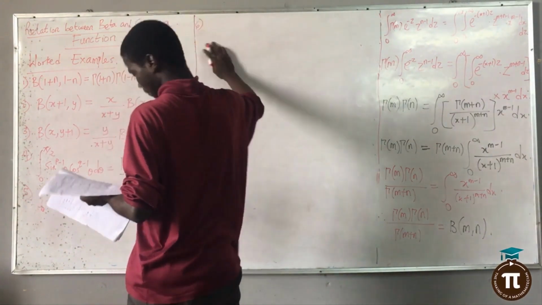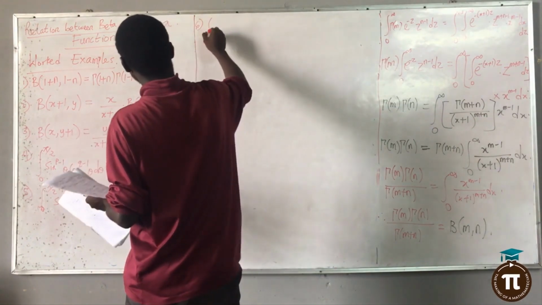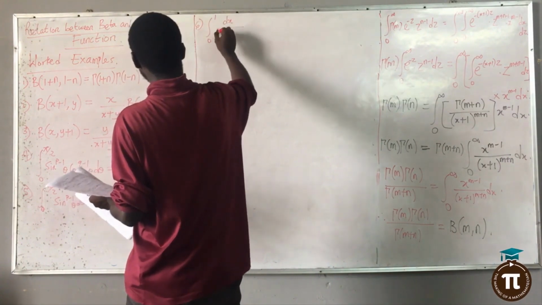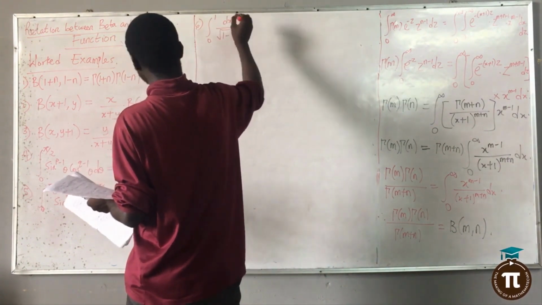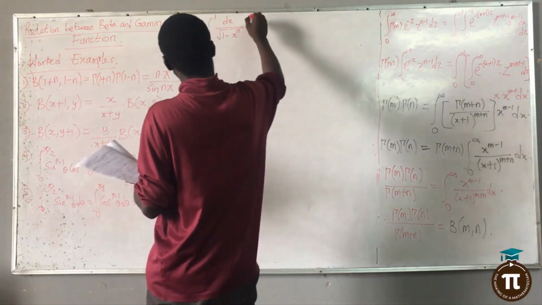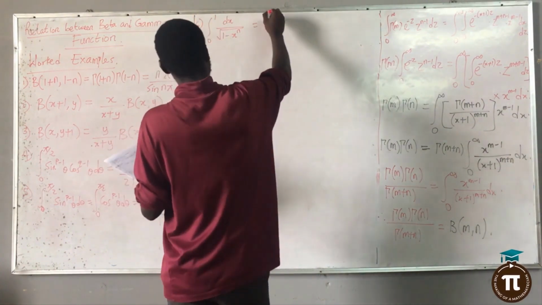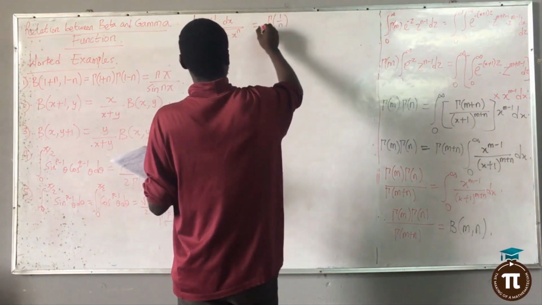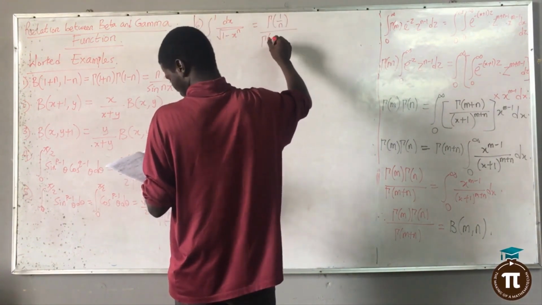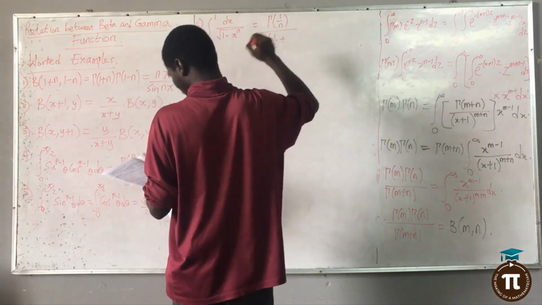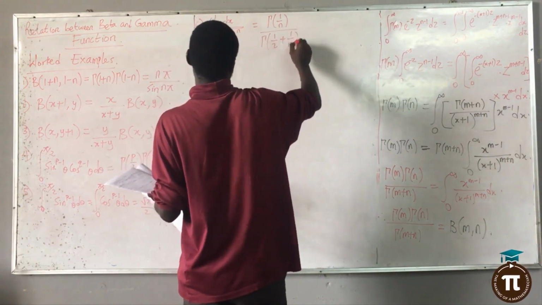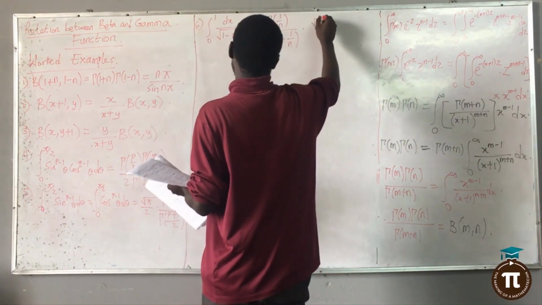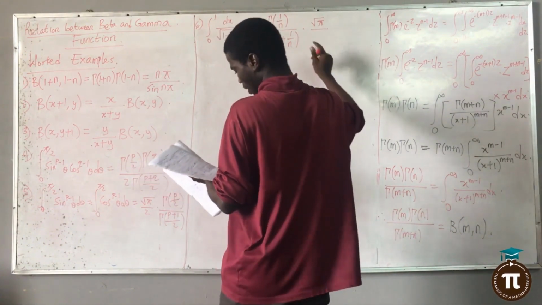Number 6, the integral from 0 to 1 of dx over the square root of 1 minus x raised to the power n is equal to gamma of 1 over n over gamma of 1 over 2 plus 1 over n, multiplied by root pi over n.